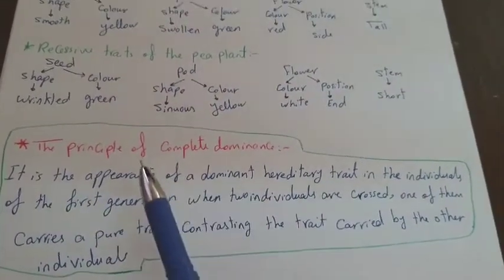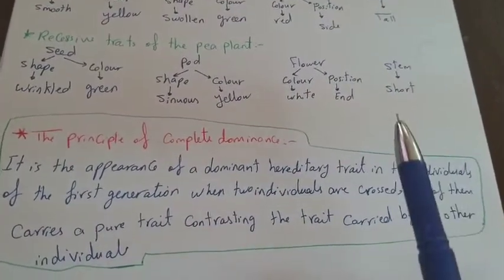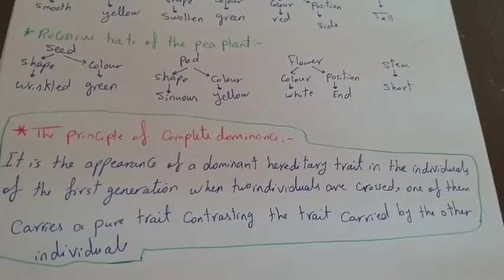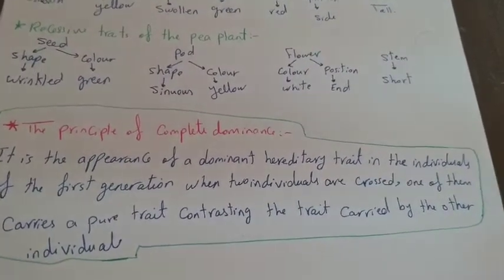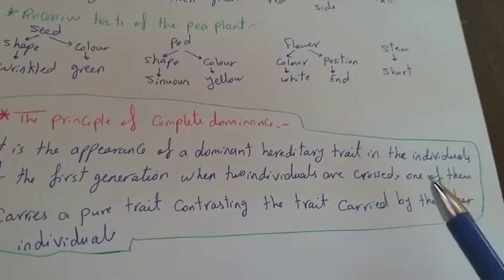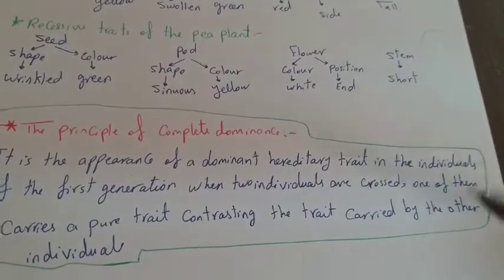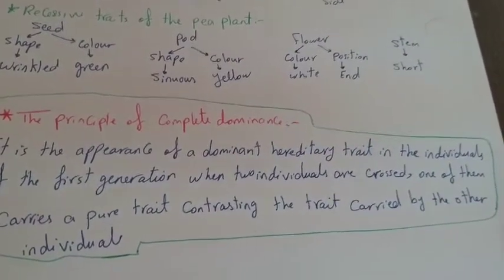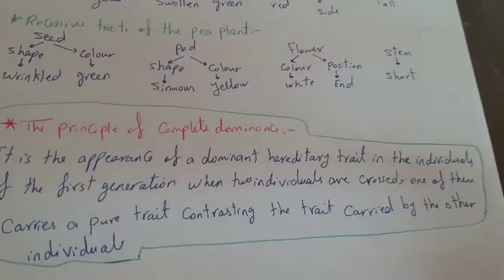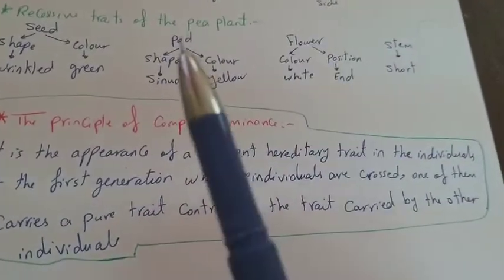So, what is the principle of complete dominance? It is the appearance of the dominant hereditary trait in the individuals of the first generation. This happens when two individuals are crossed. One of them carries a pure trait like the yellow color of the seed, and the other carries a pure trait contrasting to the first.